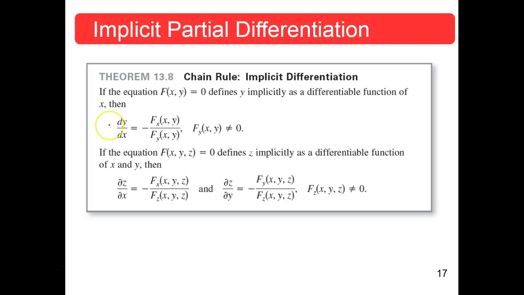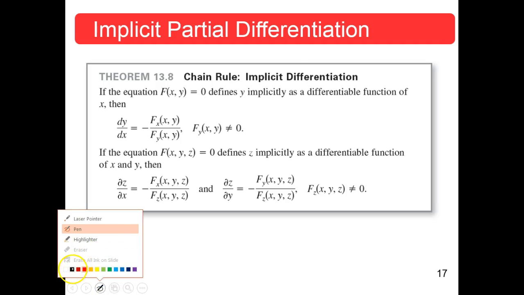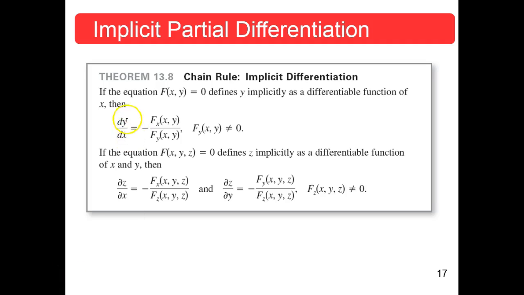Before, it was the derivative of y with respect to x, and the reason for that, of course, is that y is just a function of x here, but here z can be a function of x or y, so the partial of z with respect to x is minus the partial of F with respect to x at x,y,z divided by the partial of F with respect to z at x,y,z.